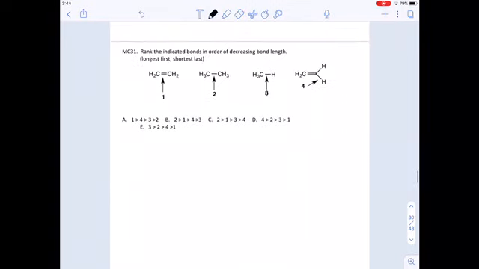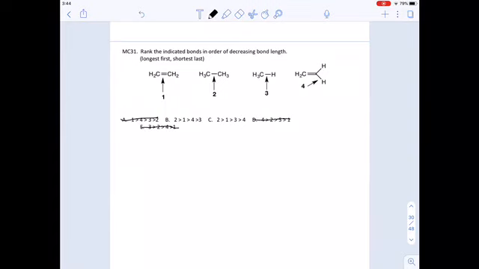Okay, so now I'm going to erase, and we can look at our different answer choices. So number 2, right off the bat, is going to be a single CH3 bond. So looking at the others, that's going to already be our longest one because it's not a CH bond, it's a CH3 bond, and it's a single bond, so it's the longest of the CH3 bonds.